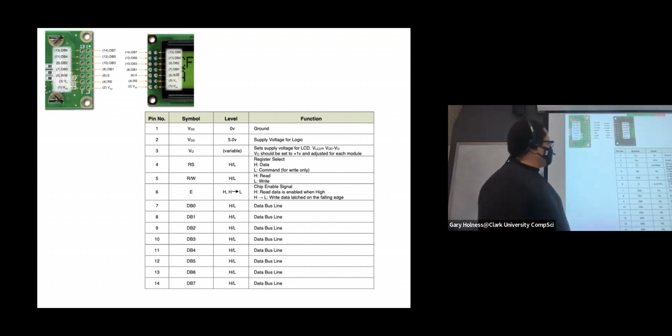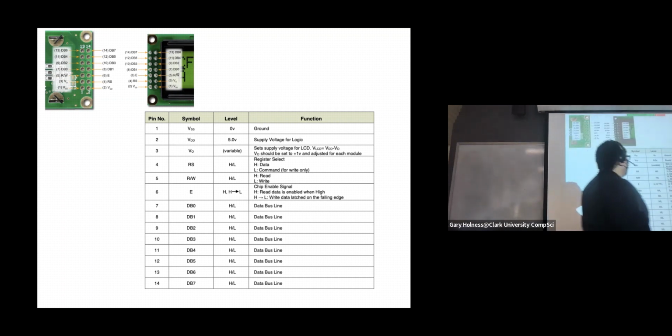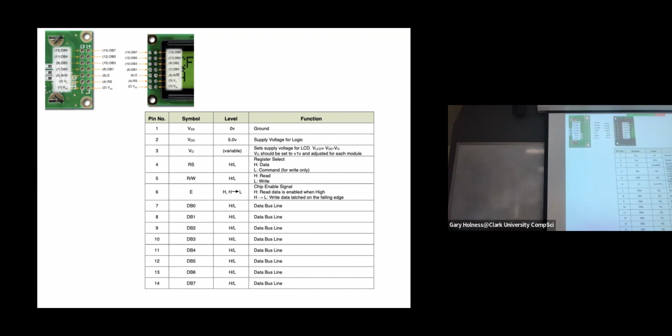If it's low, 0 volts or logic false, it's going to select for command. It's expecting that whatever data appears on the bus is a command or opcode that you want to send to this thing.